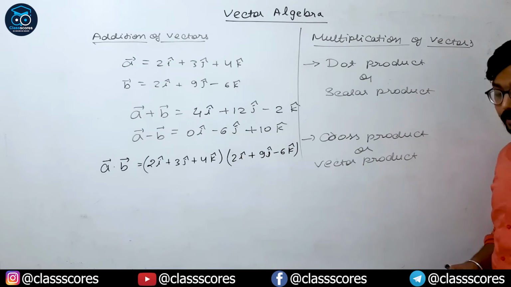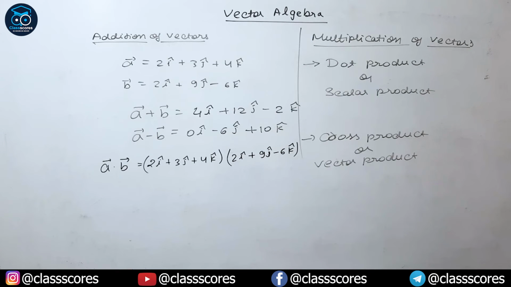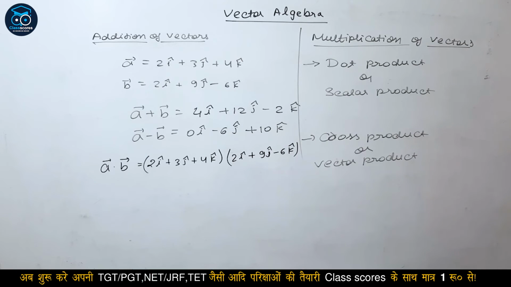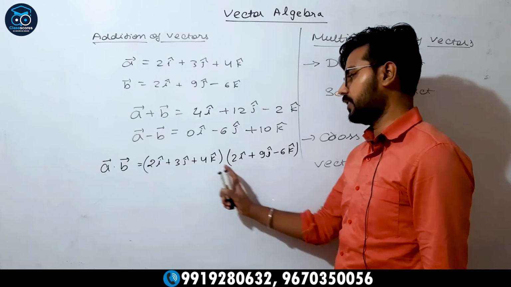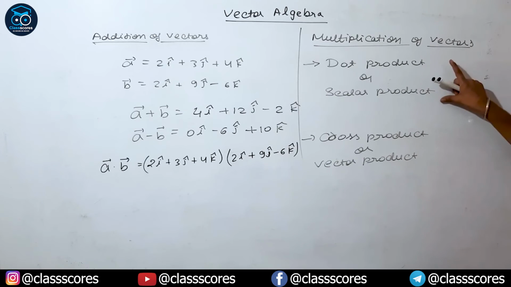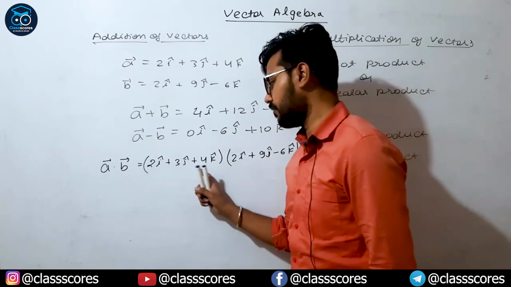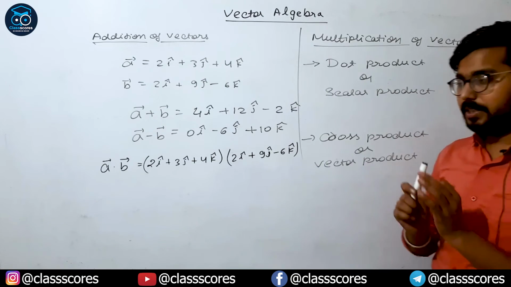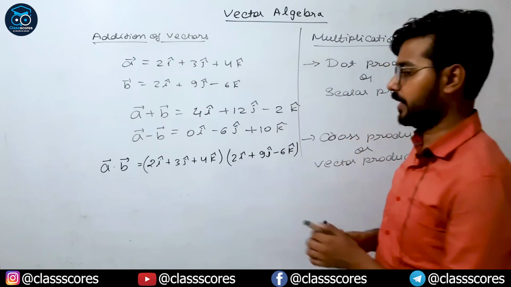Here we need to remember one thing: in dot product the multiplication will be possible only in the same term, meaning i will multiply with i, j will multiply with j, and k will multiply with k. Here i, j, k will not participate in any product process. In dot product the components i, j, k will not participate, only their coefficients are going to be multiplied.